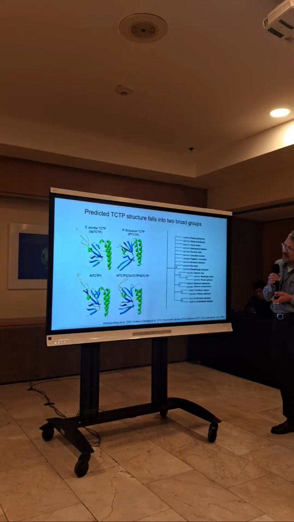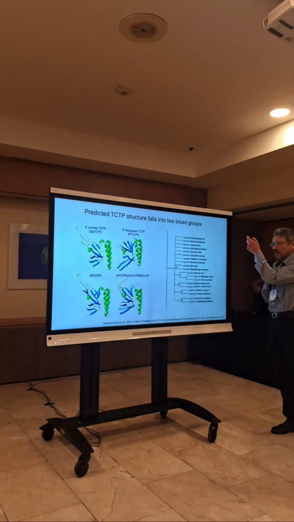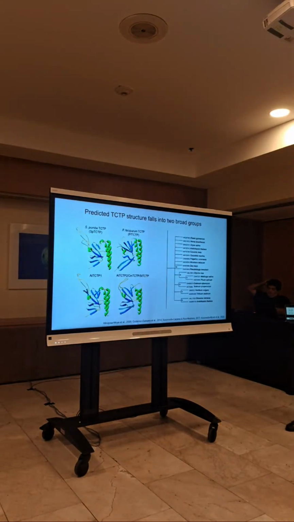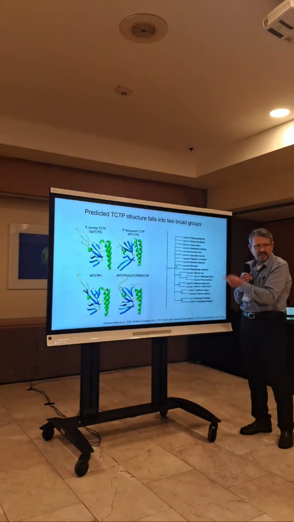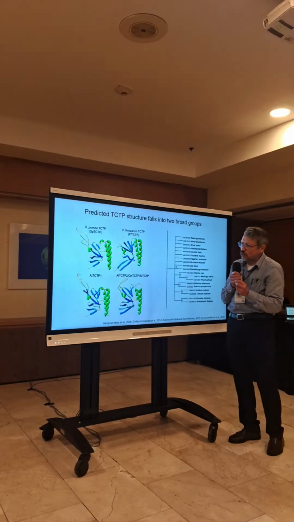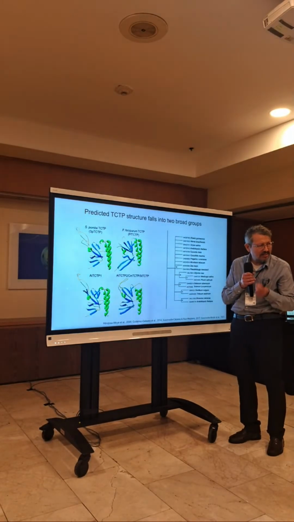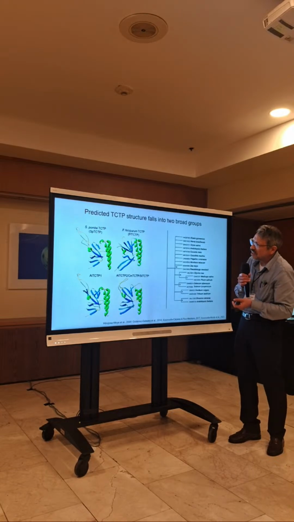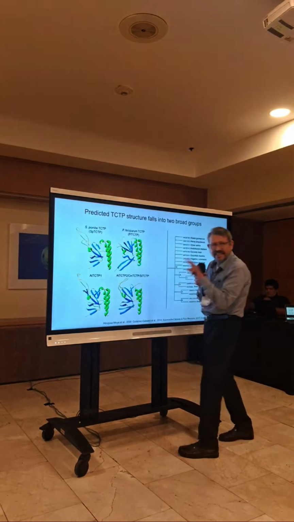Now, you are going to have a hard time trying to establish the phylogenetic relationships of this gene based only on the sequence, at least in plants. But interestingly, if you analyze the predicted 3D structure of this protein, it falls neatly into two groups.